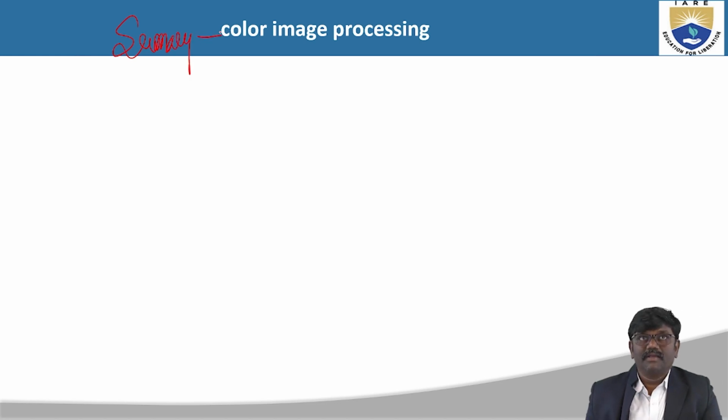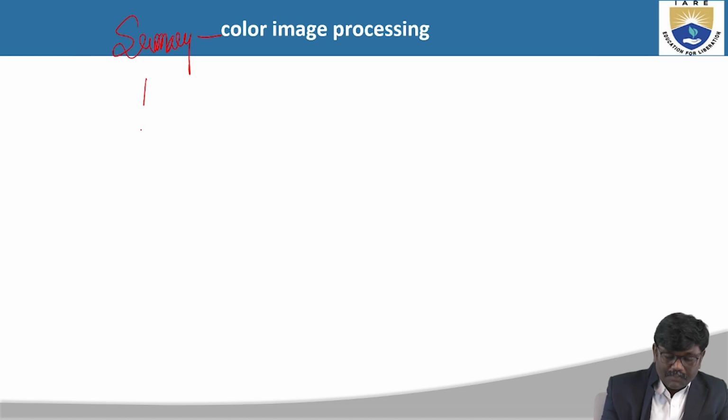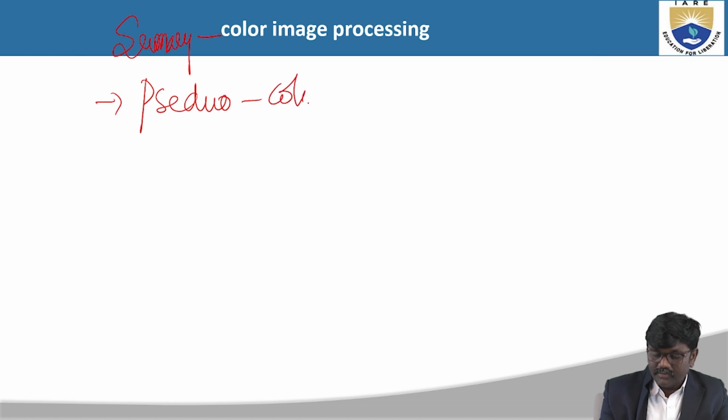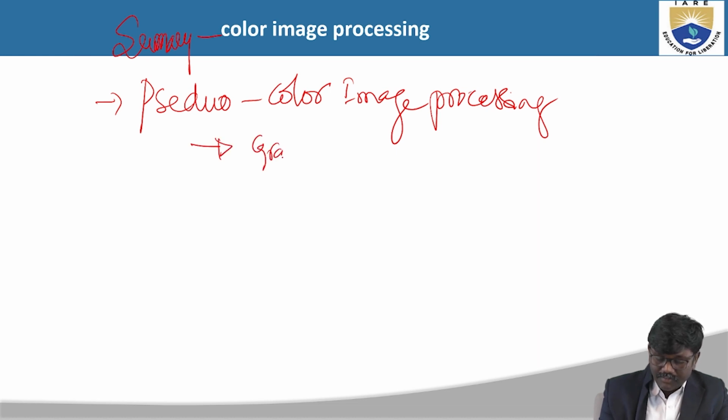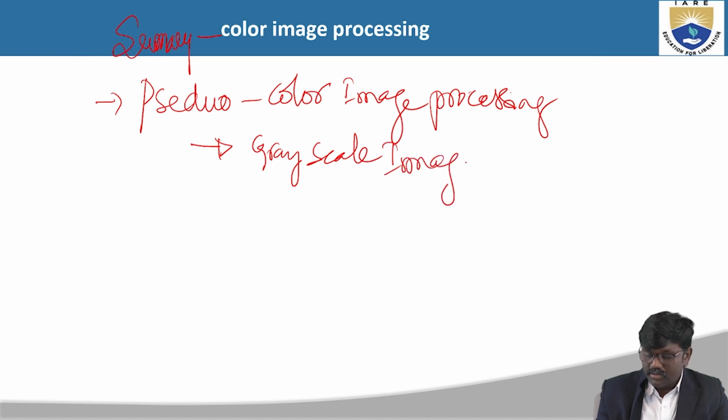What we want to understand here, let me summarize: the summary of color image processing. You apply pseudo color image processing, which is used simply to convert from a grayscale image into a color image.